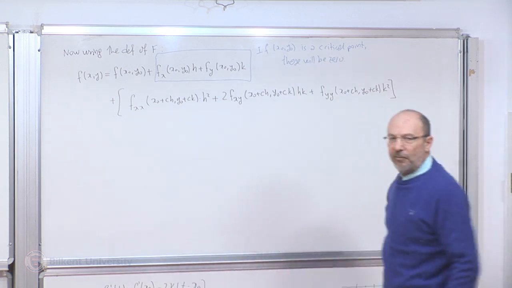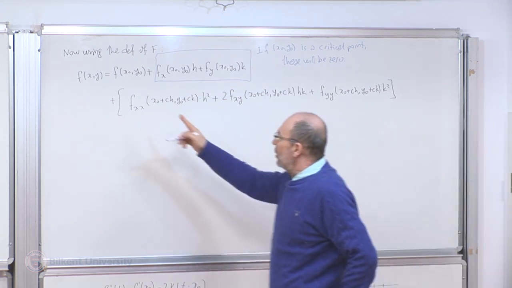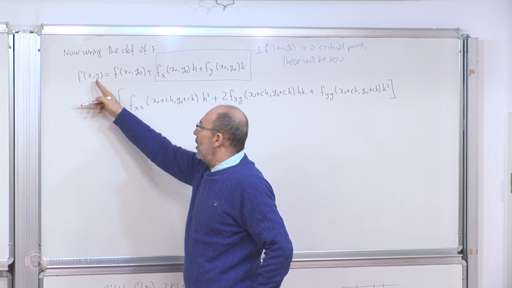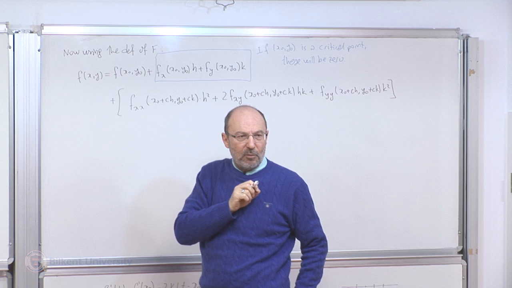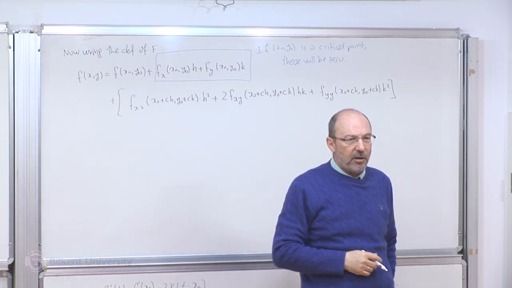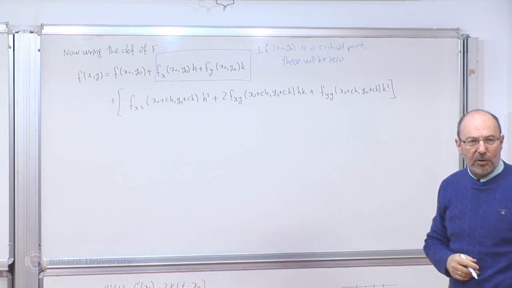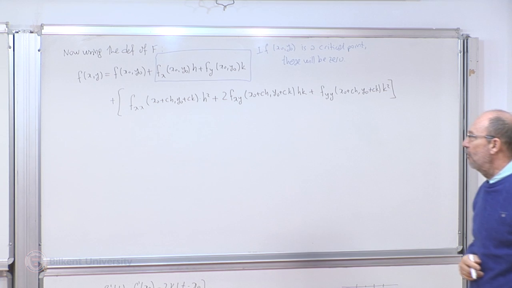That's the definition of a critical point. So you see we are interested in the sign of this minus this. At a nearby point, if h and k are very small, (x, y) is very close to this. So that's how you check if f of (x sub 0, y sub 0) is a local minimum or maximum. You check the value of this.